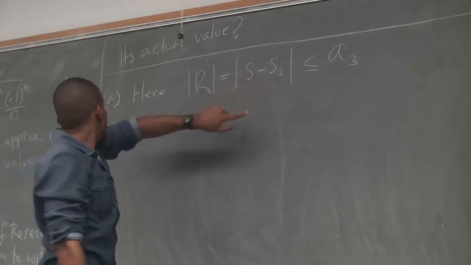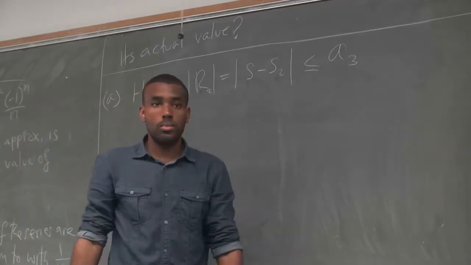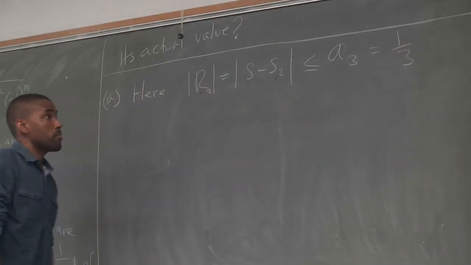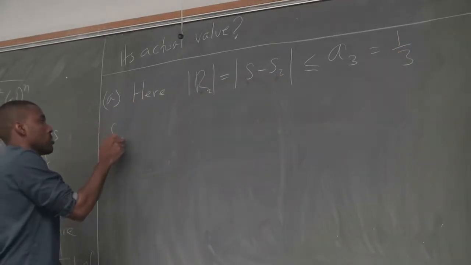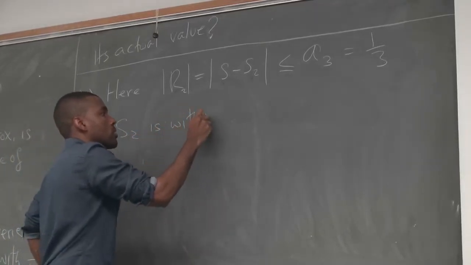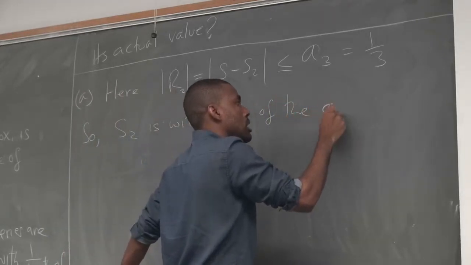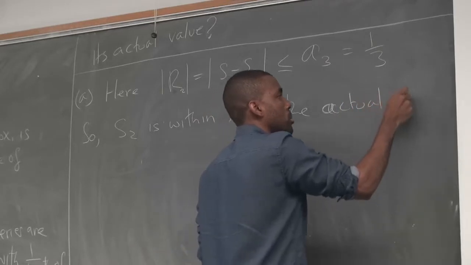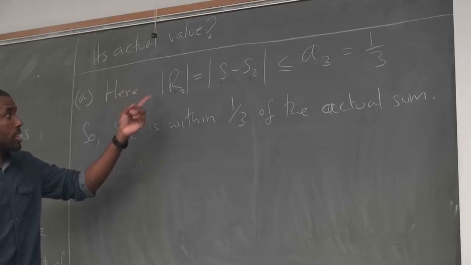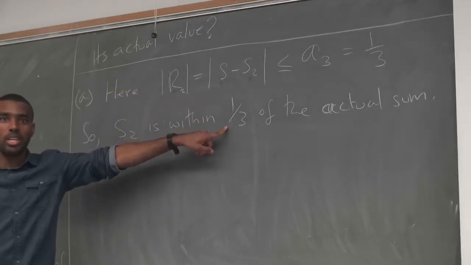Now the A3 in this case is just 1/3. So S2 is within 1/3 of the actual sum. Which means when we get to the point where we can compute the actual sum, S2 puts me within 0.33333 of the actual answer.